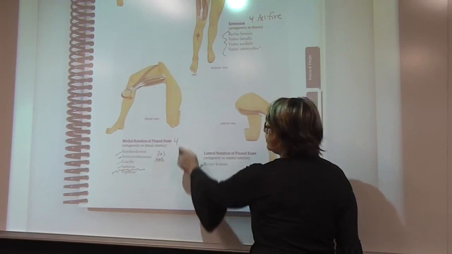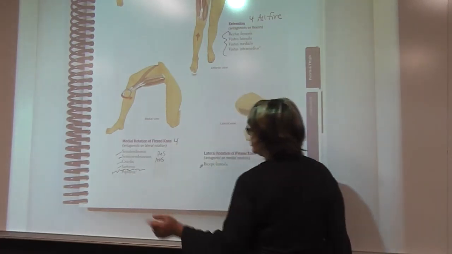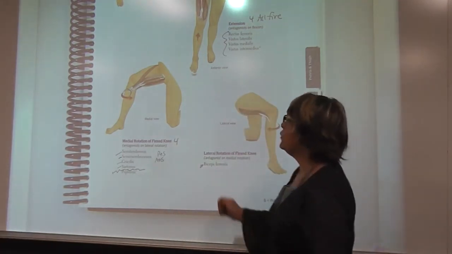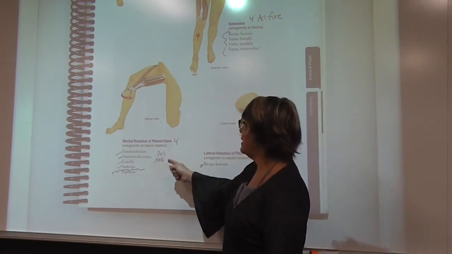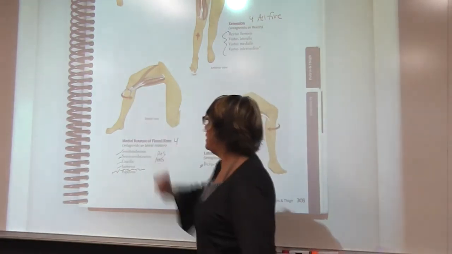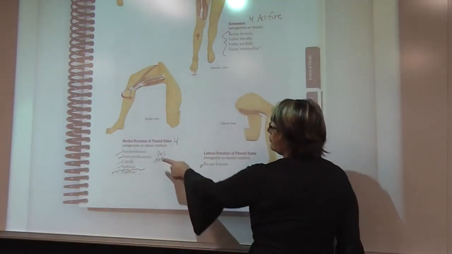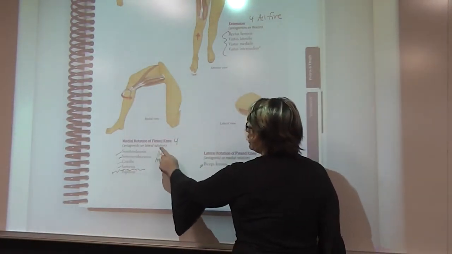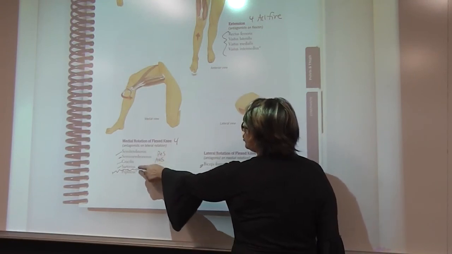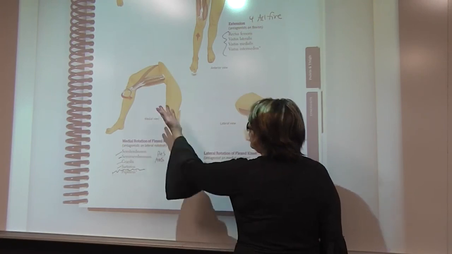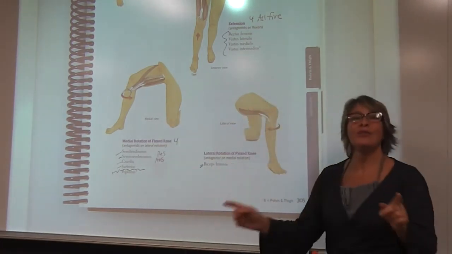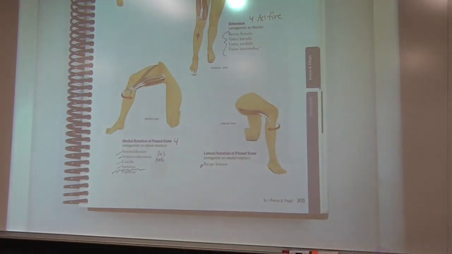Notice that I have 4 written here because popliteus is in chapter 7. If you remember that the pes anserinus attachment site is on the medial knee, then you remember the three that attach there, semitendinosus, sartorius, and gracilis. And then the two semis are also on the medial aspect of the knee, so they're also going to do medial rotation.